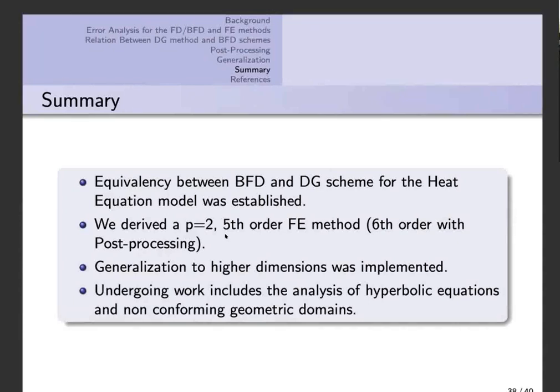So the method is quite efficient, with a 6th order with post-processing. We succeeded in making the generalization to higher dimensions. And the future and ongoing work basically includes the analysis of hyperbolic equations and non-conforming geometric domains. So this is what we'll do next.